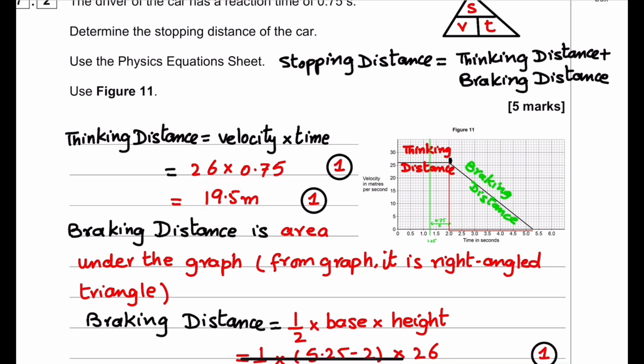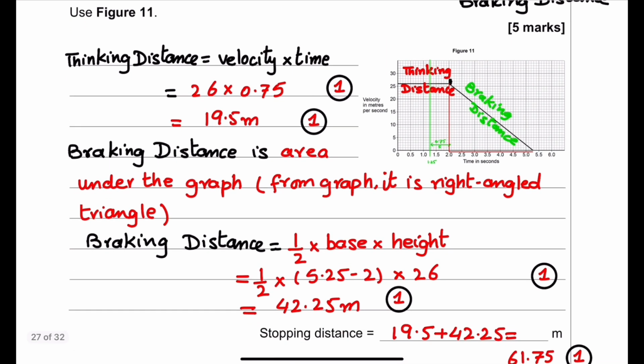Whereas the braking distance is the distance traveled when the driver starts applying the brake and the car stops. We can see from the graph it is actually the area of a triangle. The area of the right angle triangle is half base times height. The height is 26, where the base is from 2 to 5.25, that is 3.25.